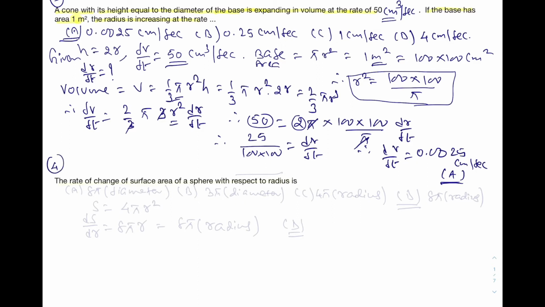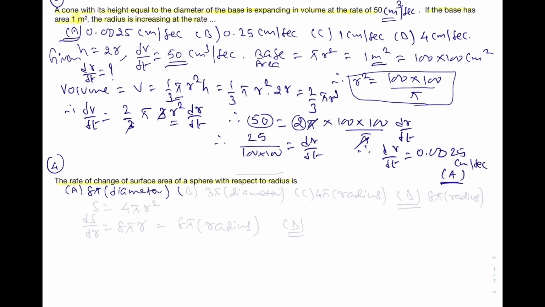So the question is, the rate of change of surface area of a sphere with respect to radius is, now options are: first, 8 pi diameter.